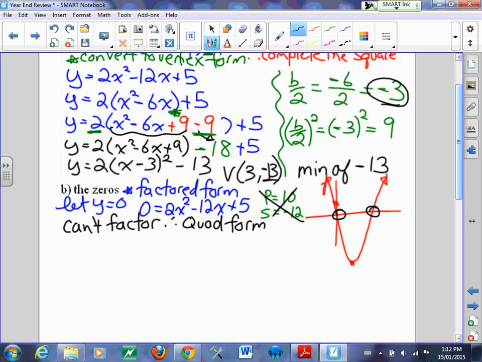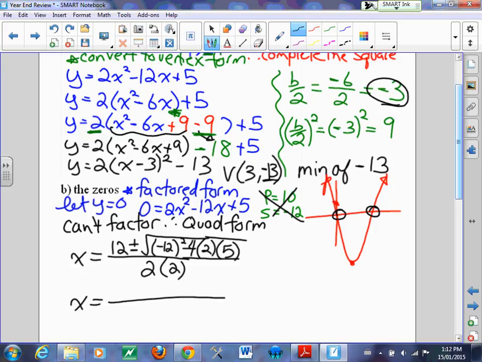Okay. So quadratic formula, you plug it in, we go x equals our b, folks, is negative 12, but a negative times a negative becomes a positive. So you go 12 plus or minus the square root of negative 12 squared minus 4 times a times c, all divided by 2 times a.